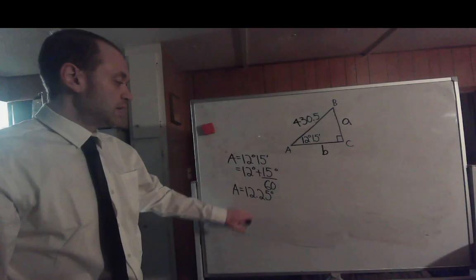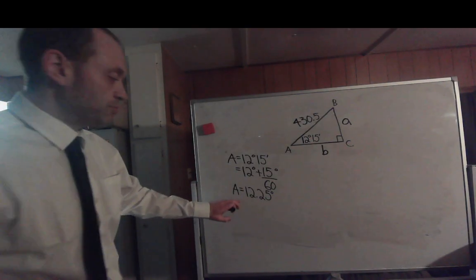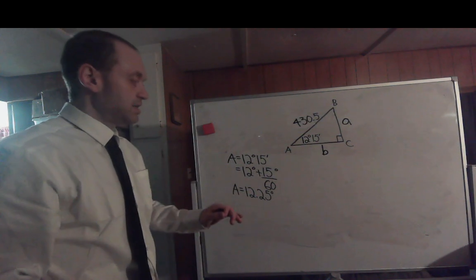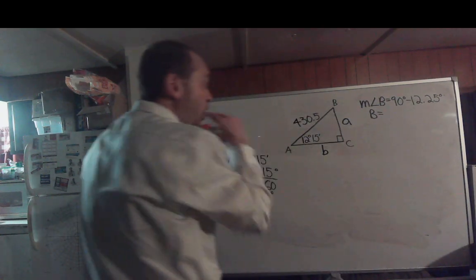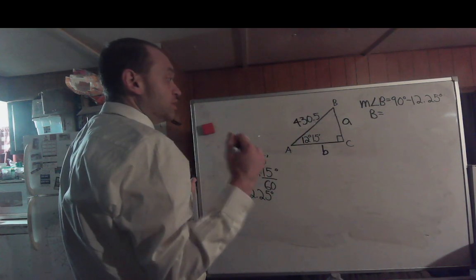Now, we could find angle B pretty easily by subtracting that from 90. So that means the measure of angle B is going to equal 90 degrees minus 12.25 degrees, which means that angle B itself is going to equal 77.75 degrees.